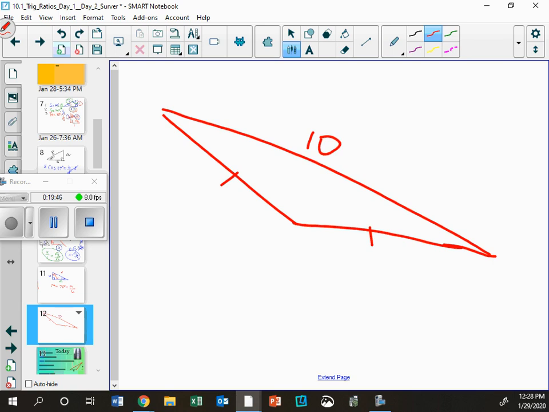Now, from what I've given you so far, do you think you can figure out how long those sides are? Not unless I tell you more. What would you want to know? You need an angle. You need at least one angle. Even better if you had two angles.